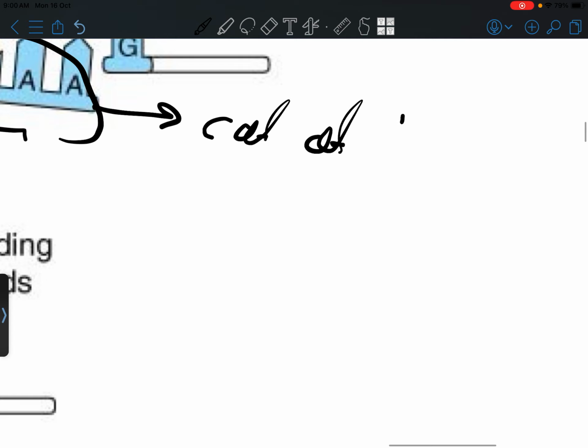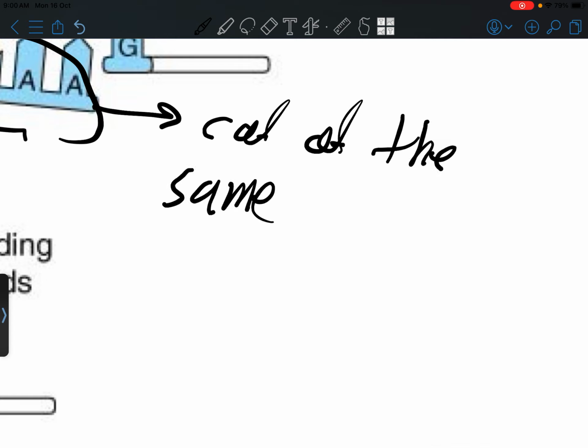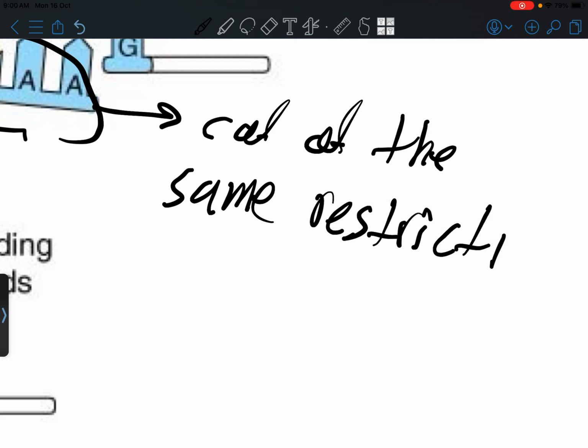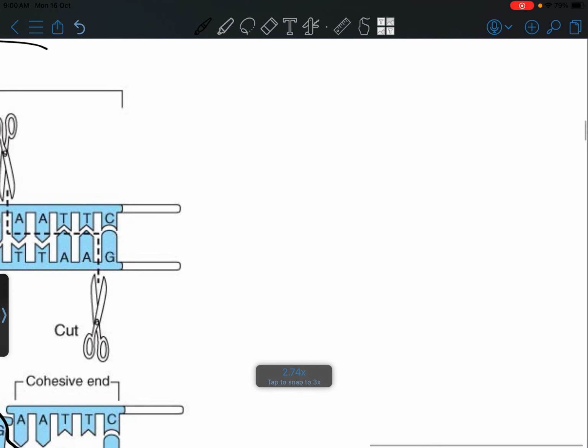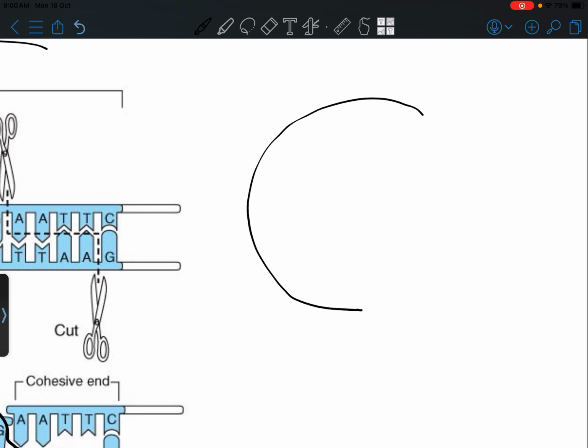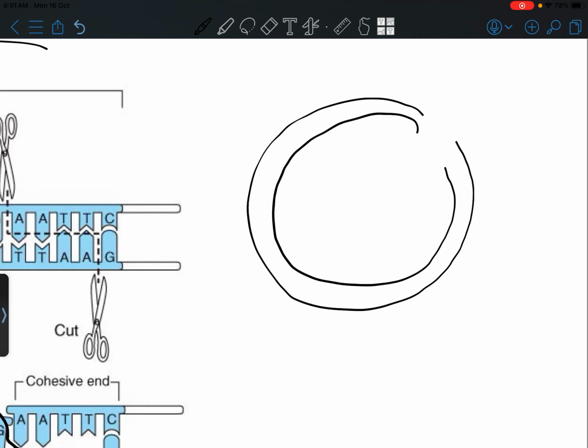This is a circular plasmid. Imagine it has one restriction site. If we cut it with EcoRI, what will happen?